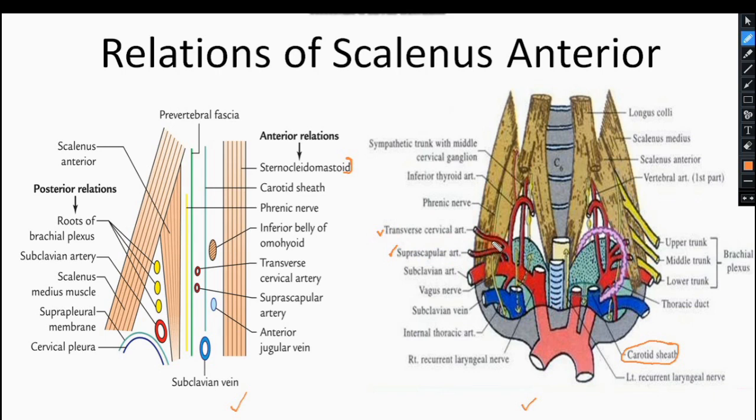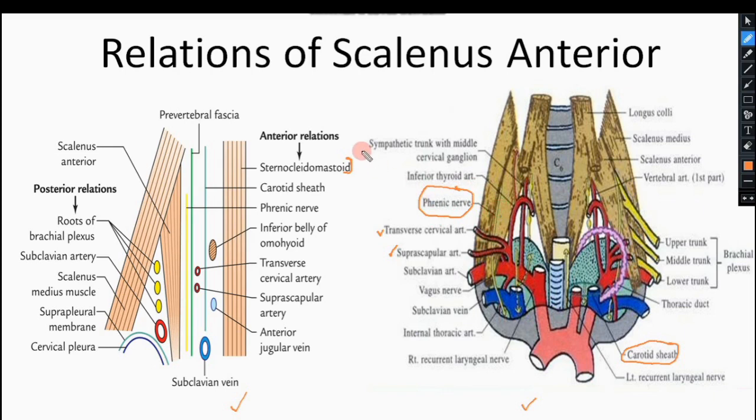Okay. Now further as we are moving ahead, we see a fascia over this scalenus anterior. This fascia is the prevertebral fascia, already explained to you. Then removing this prevertebral fascia, we see this important nerve, the phrenic nerve. Clear?